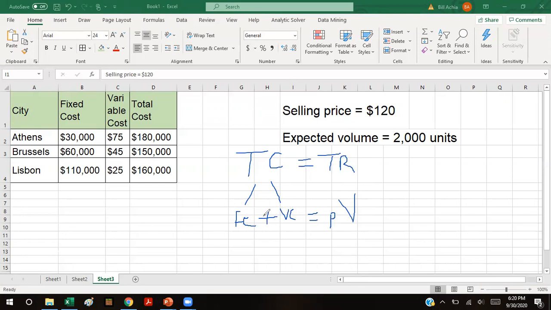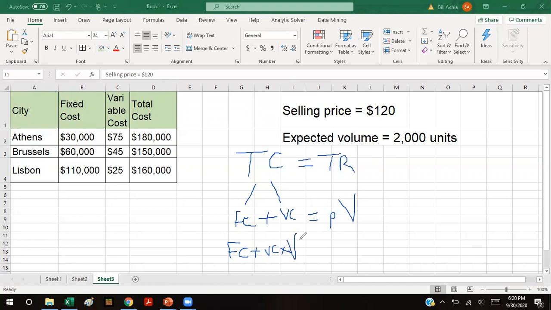So your fixed cost is usually going to be a given. It's going to be a fixed figure. What we don't know is the total variable cost, because the total variable cost depends on how many units you're selling, okay? So the true formula for the total cost will be your fixed cost plus your variable cost multiplied by your volume, okay?